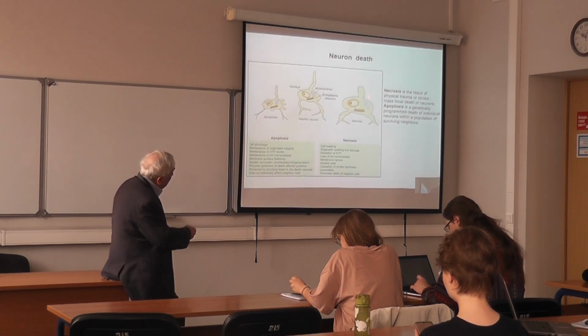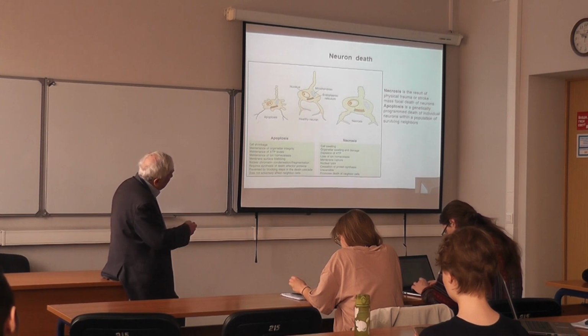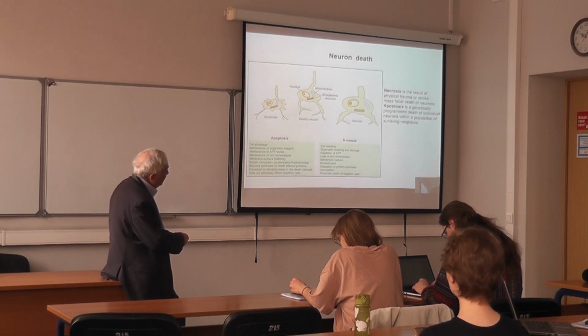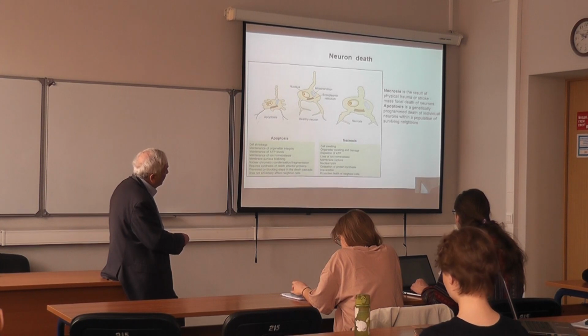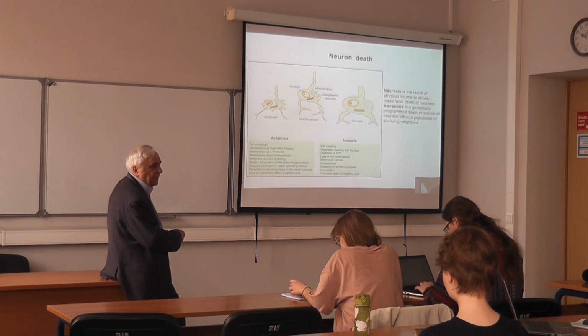Well, and I repeat once again that there are two types of neuron death, which are fundamentally different. This is necrosis. The neurons degenerate according to necrosis in acute diseases, trauma and strokes, and apoptosis.